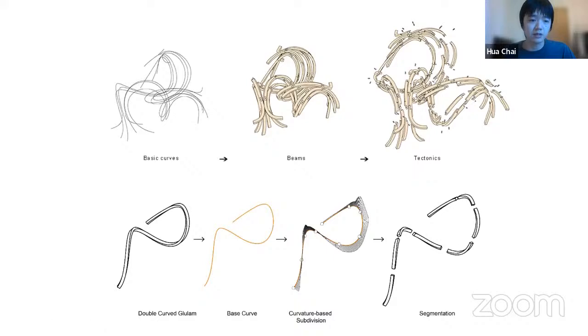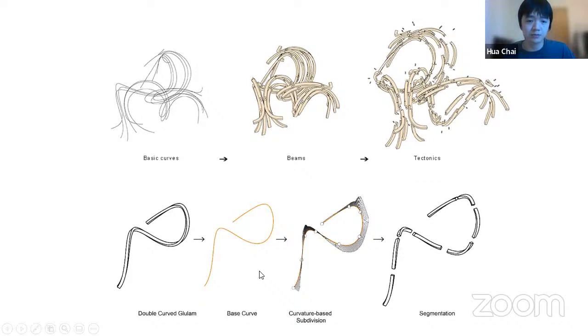And also the cutting capacity of the bandsaw could be reflected in the construction system and tectonics design of the final system. A large-scale continuously double curved beam is divided into small segments.